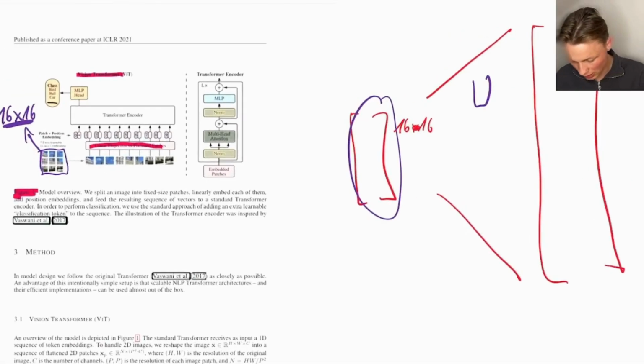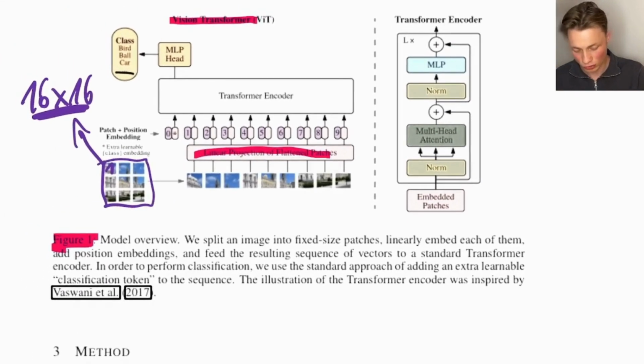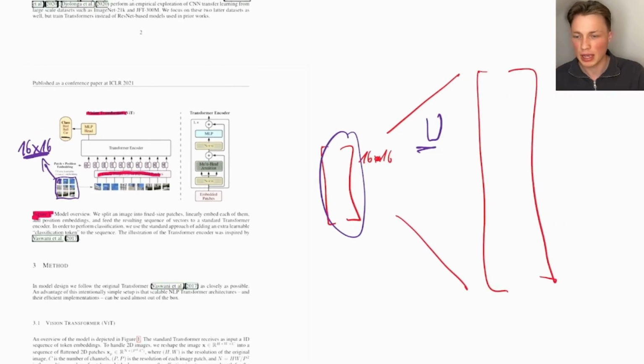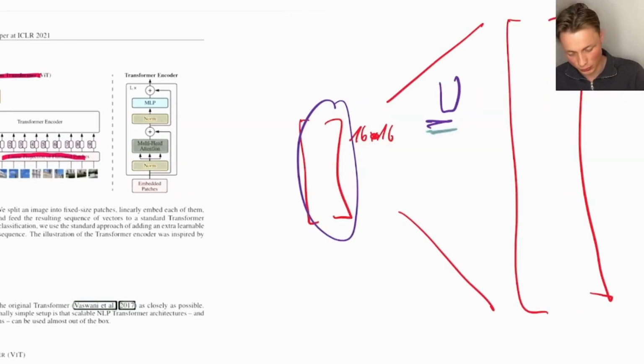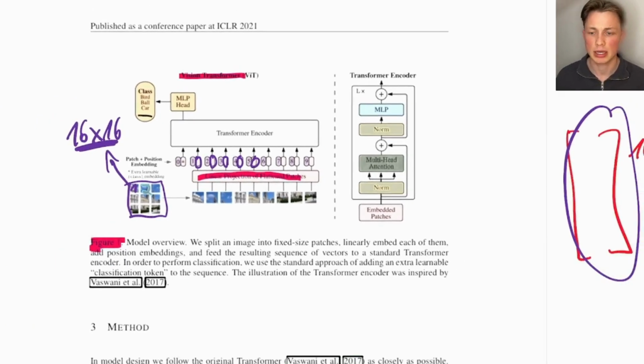So what does it mean? If we take this patch in the top left corner, we will multiply it with W, and then we take the next patch and also multiply it with W, and then we get these tokens here, or actually it's this token. So we get this token, and now we have to add a positional embedding.